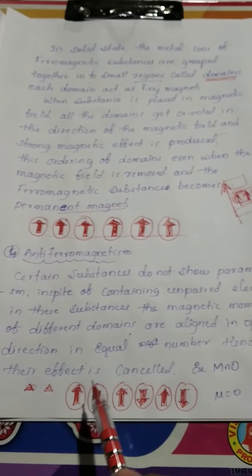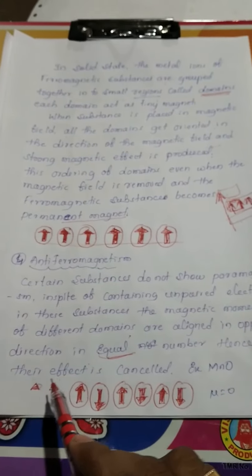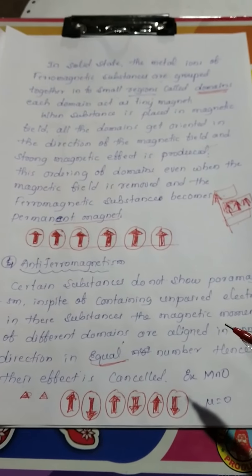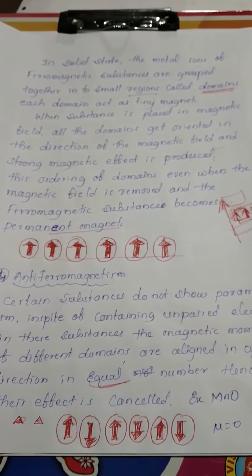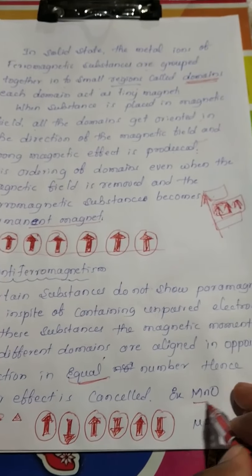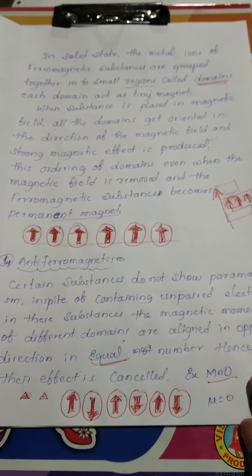Hence their effect is cancelled. Such substances are called antiferromagnetic substances. Example: MnO, manganese oxide, is an example of an antiferromagnetic substance.